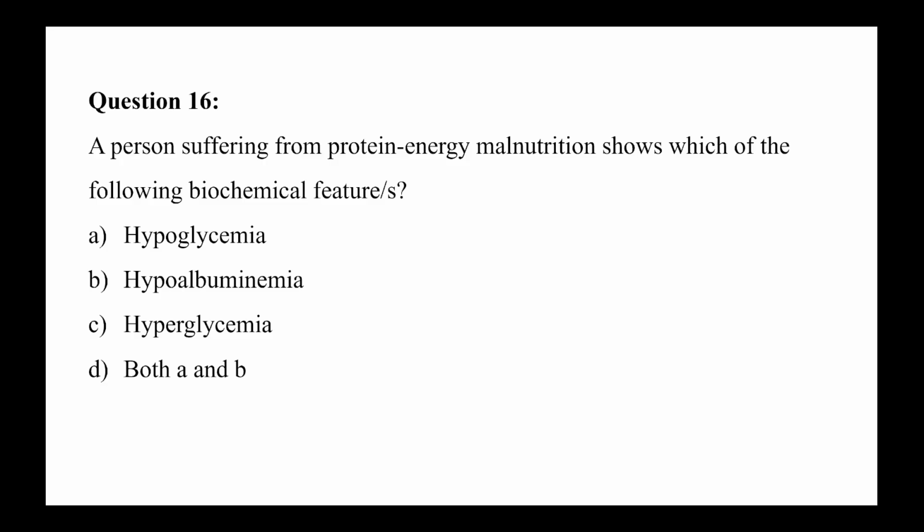A person suffering from protein energy malnutrition shows which of the following biochemical features? Option A, hypoglycemia. Option B, hypoalbuminemia. Option C, hyperglycemia. And option D, both A and B. What do you think would be the correct answer?